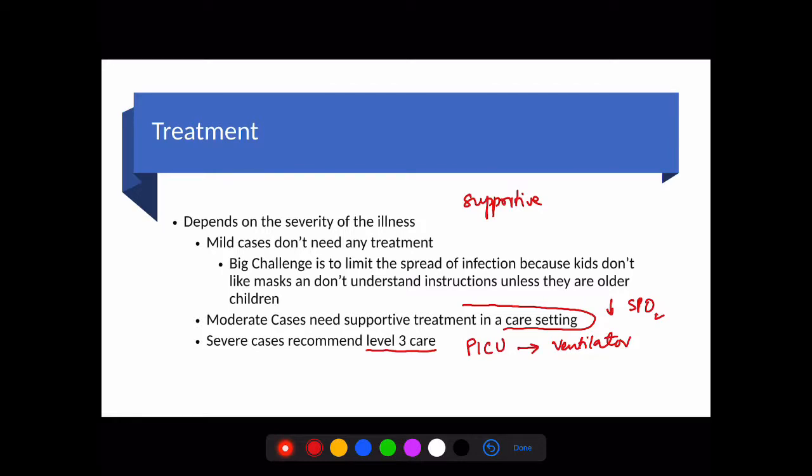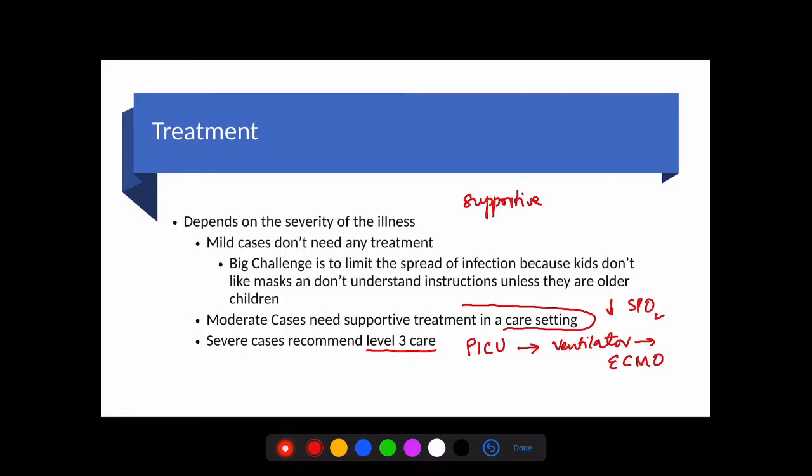If the ventilators are not giving any help, then ECMO is another mode of oxygenation which can be used, mostly in the tertiary care hospitals. So these are the current supportive treatment modalities that are offered to pediatric cases.